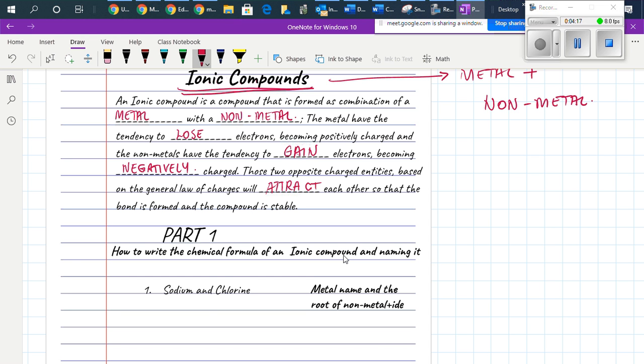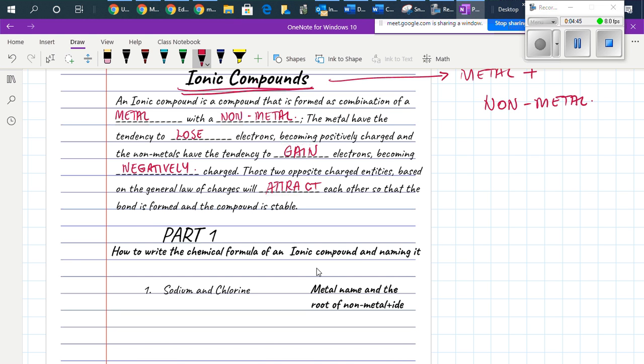Sodium +1 is a single valent metal. Magnesium +2 is a single valent metal. But when it comes to chromium, let's say that is in the 24th place of the periodic table, you have +3, +2. That means that chromium is a multivalent metal.